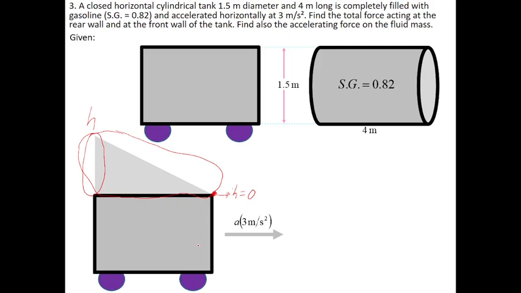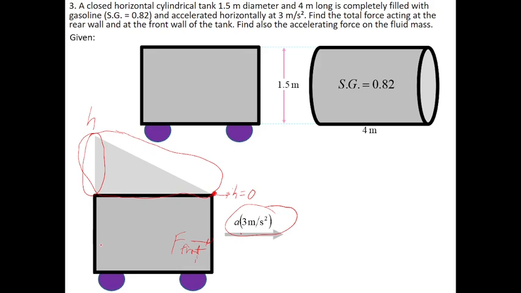So in that case, if the height is zero there, whatever acceleration there is, the front force will no longer increase, no? So if it is zero, it's still the same. So if it accelerates, it's still the same.